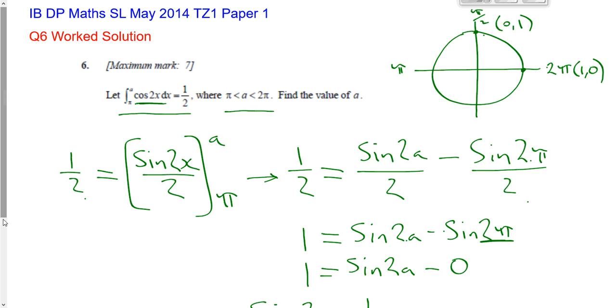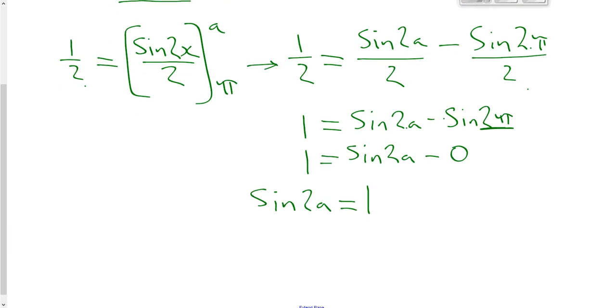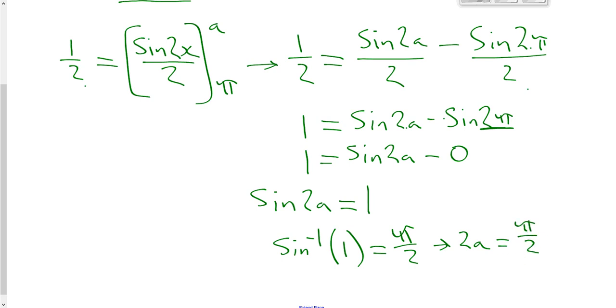And I can write that like this: the inverse sine of 1 is equal to pi over 2, which means that 2a is equal to pi over 2. I'm not actually looking for 2a. I want to know what a is. That will simplify to a will be equal to pi over 4.